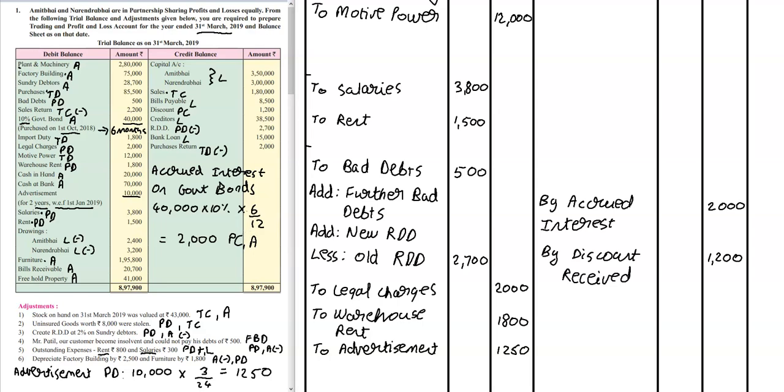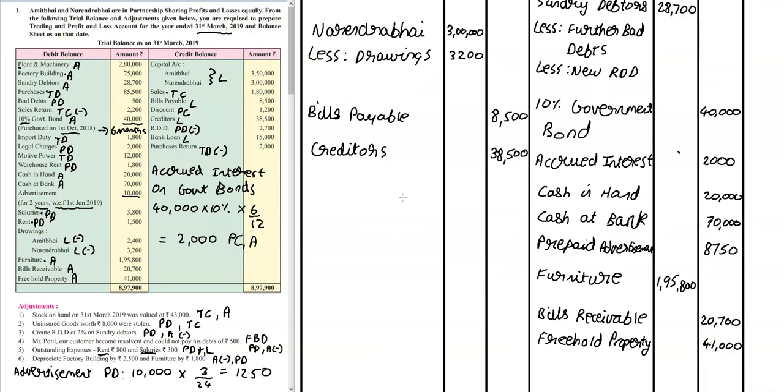Going forward, we have bank loan of 15,000, no adjustments.